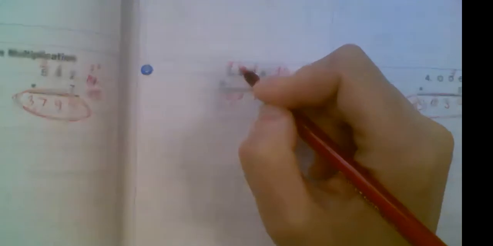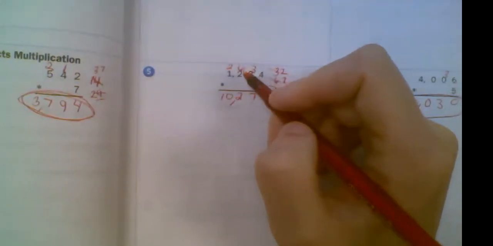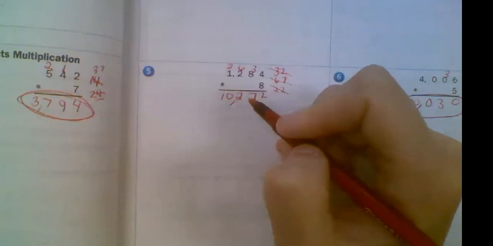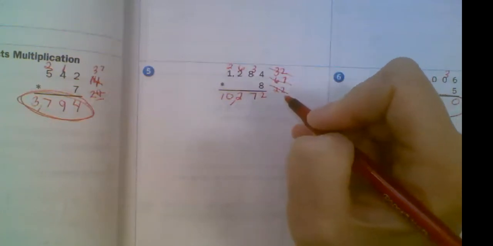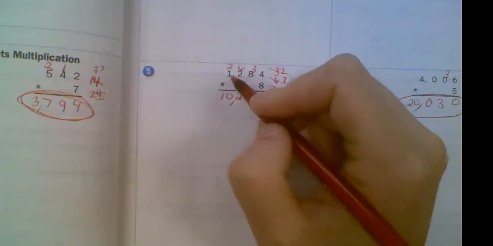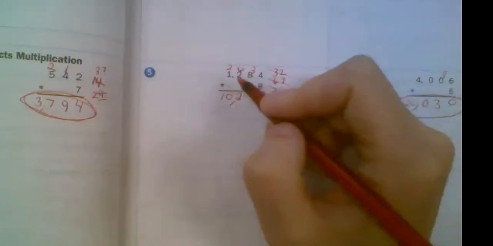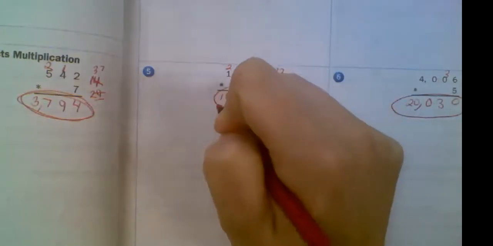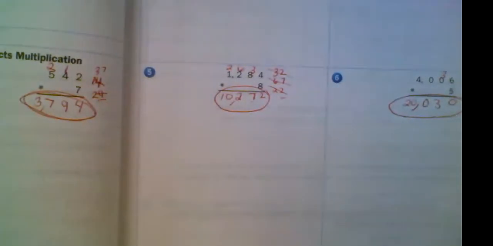Tens goes on top and over. So 6, so now we go 8 times 2 is 16, plus 6 more is 22. Ones place down here, tens place on top. 8 times 1 is 8, plus 2 more is 10. And that's our lesson today.